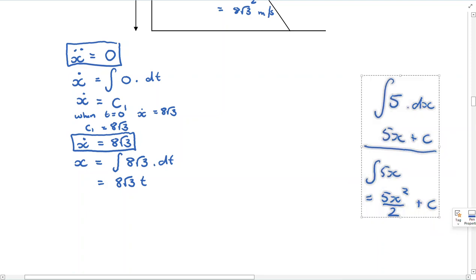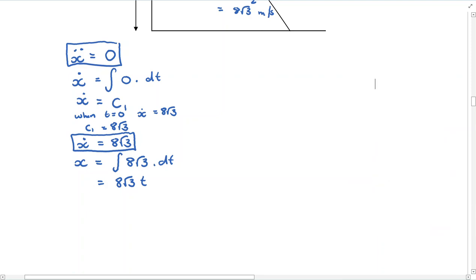Let's delete that. Okay, so that's what I had, the 8 root 3, and when I integrated, I had to add in the t because I had 0 t's, so I had to add 1. And I do have to add my plus c2 for my second constant. We always are thinking about what is happening when time equals 0. So when time equals 0, how far have I moved? This is displacement.